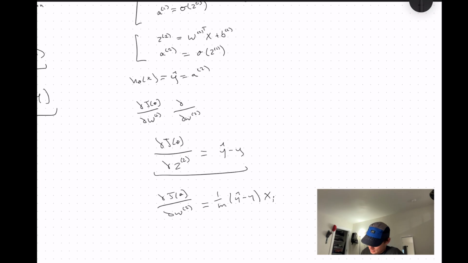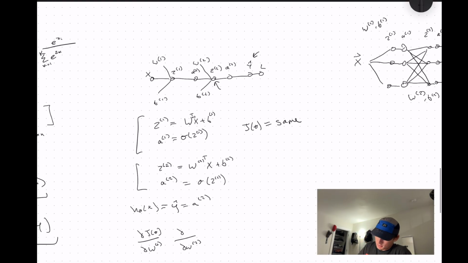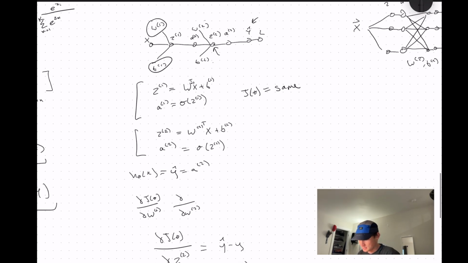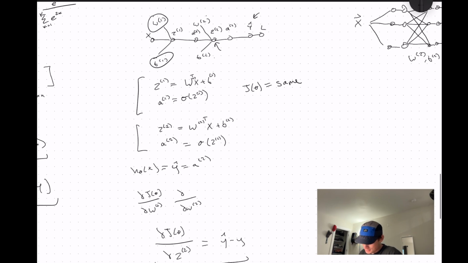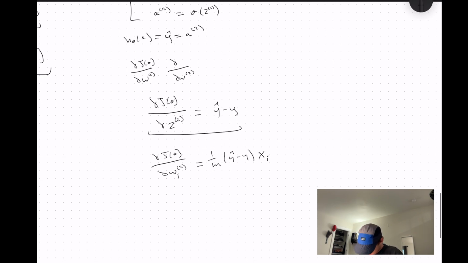Great. So then now the question is, how do we go deeper to get the gradients for these? We already have these two. That was pretty easy. That's just original logistic regression. But now we need to go one more deep.